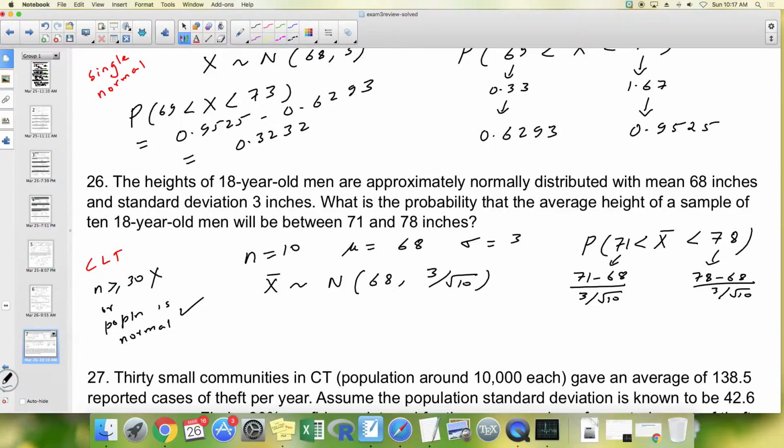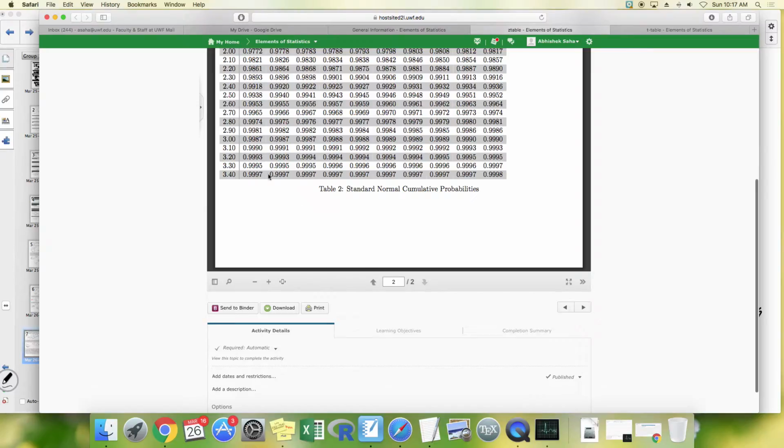You can do 3 by square root of 10, you can calculate that beforehand, or you may not. You can put the whole thing in a calculator at the same time, and you shall find them to be equal to, so this one is 10.54 and this one is 3.16. Okay, so 10.54 is a large value. In fact, if you look at the z-table, it goes maximum up to 3.49, where it almost reaches 1.